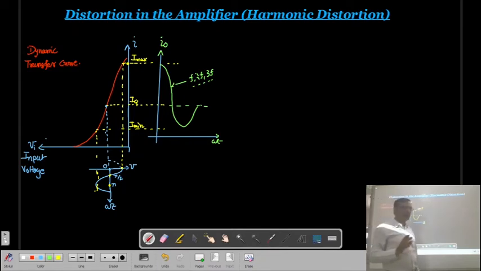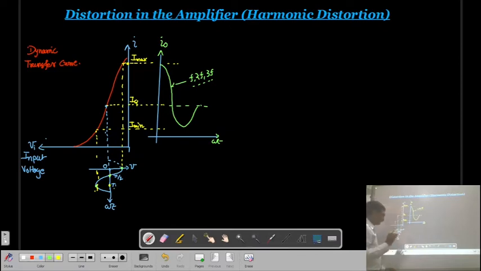For that, we will consider 3 points of the input signal, where omega t is 0, omega t is pi by 2, and omega t is pi. So we will take the 3 points of the characteristic curve, and from that we calculate the distortion.